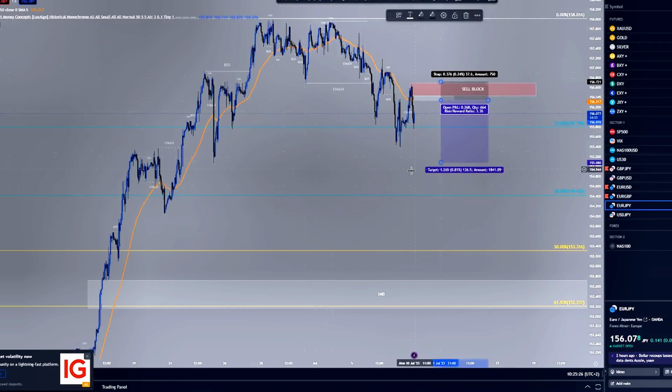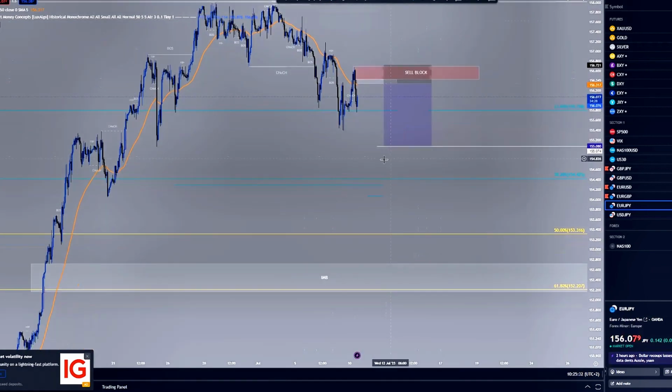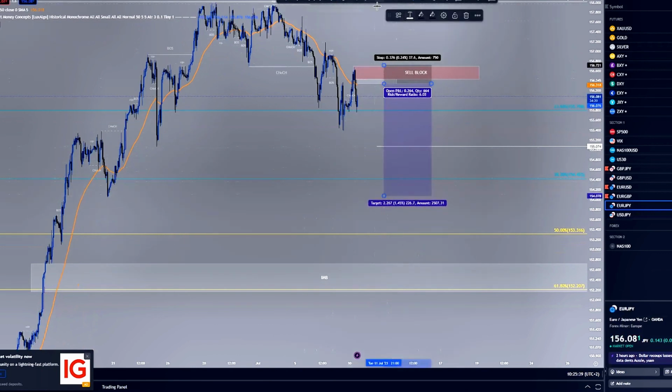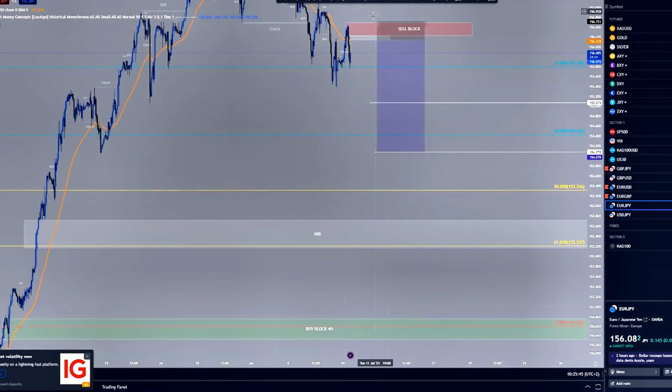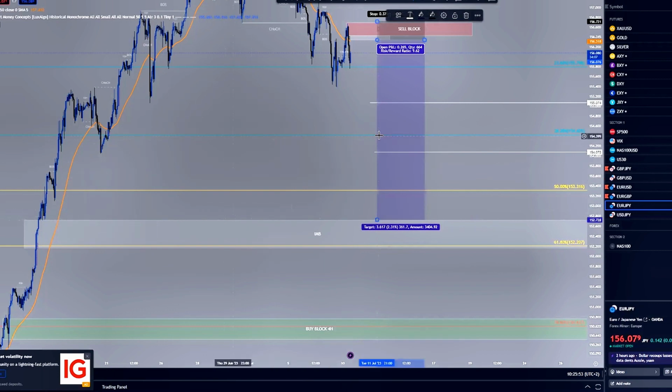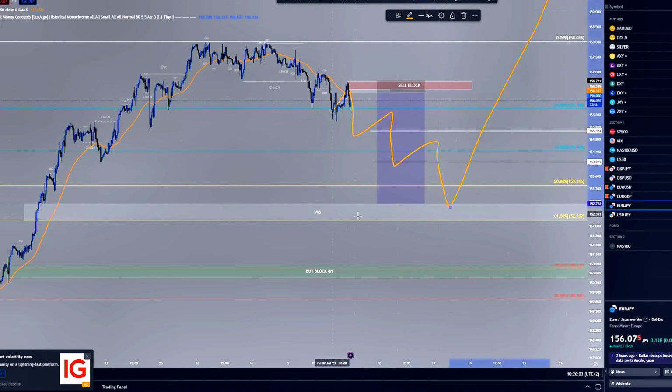We can first break this low, that's TP1, and then we can have TP2 somewhere down, and maybe we can even have TP3 all the way down here, or TP3 here and TP4 here. So we're talking about 361 pips if this falls, but of course it's going to work its way down there, I think, and then it's gonna pop.